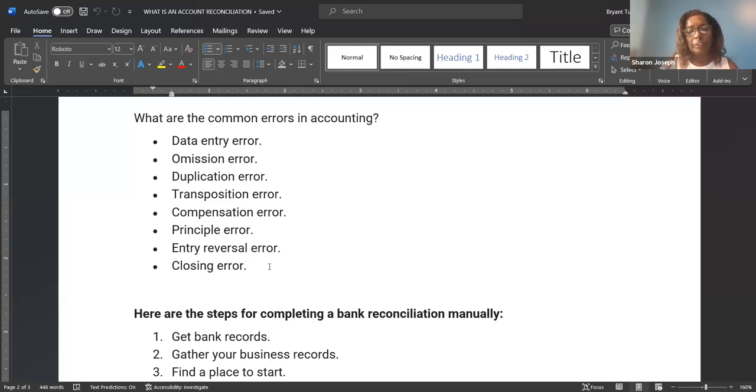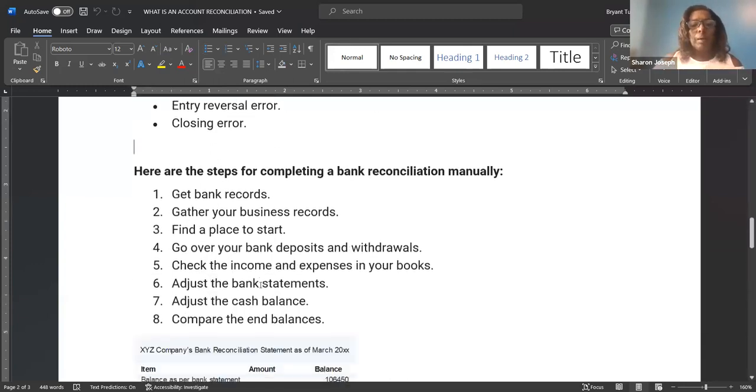So let's say, for instance, we get to the end of the month and normally you would pay your rent, but you didn't receive a bill. So if I close the books for the month and not record an accrual and expense for that rent, that means that this period is misstated. It's a closing error. It's a period adjustment that needs to be made.